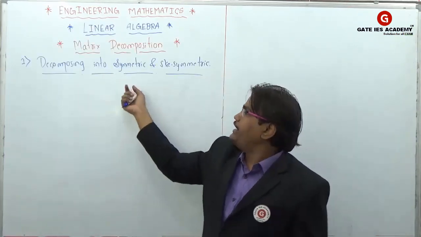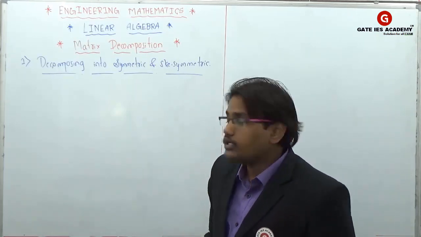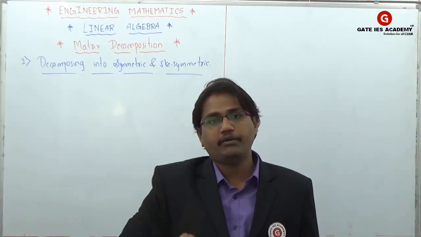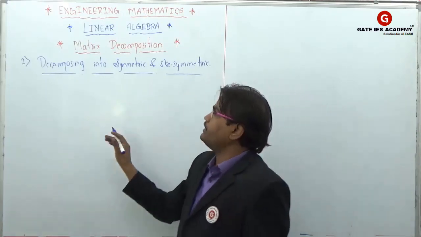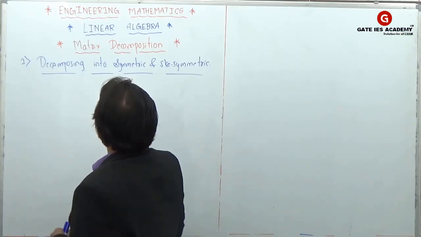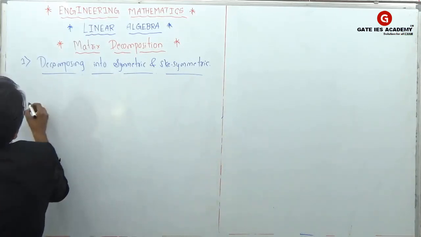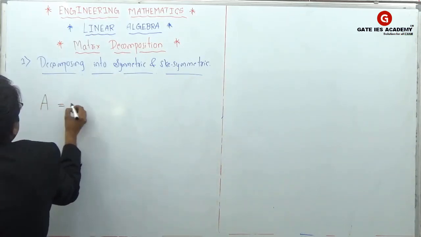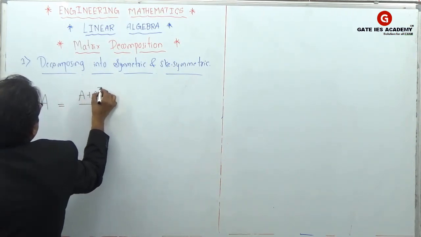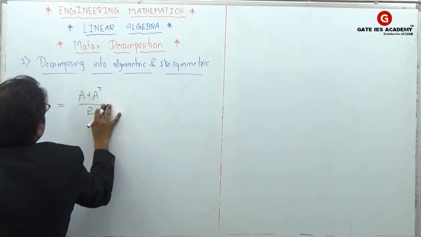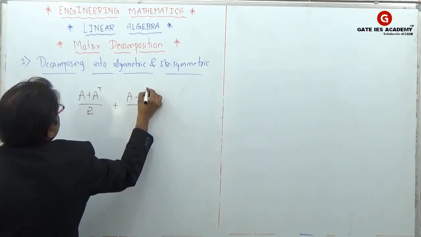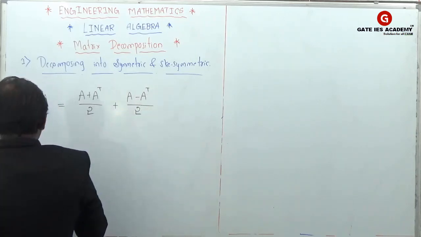We can decompose a given matrix into two matrices, that is, a symmetric and a skew symmetric matrix. How can it be done? If a matrix A is given, you can write it as (A plus A transpose) divided by 2 plus (A minus A transpose) divided by 2.